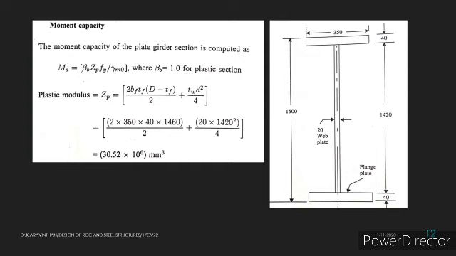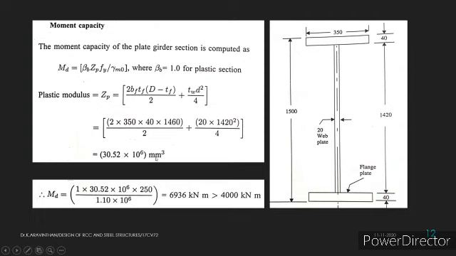If you can identify the moment of inertia, you can easily calculate the section modulus. You can check my earlier lecture series. You can check the link here for getting clarity on how to find the moment of inertia and the section modulus. If you multiply that and simplify, you will be getting 30.52 into 10 power 6 mm cube.